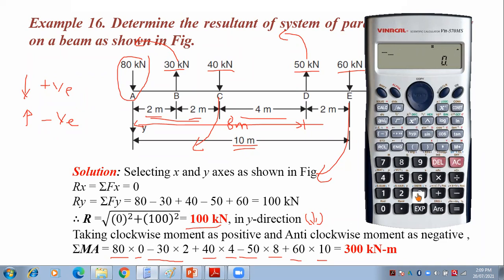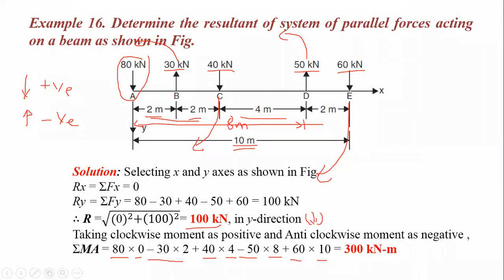Something went wrong. Once again do the calculation. Minus 30 into 2 plus 40 into 4 minus 50 into 8 and plus 60 into 10. Answer is 300 kilonewton meter. This one is the moment about point A.